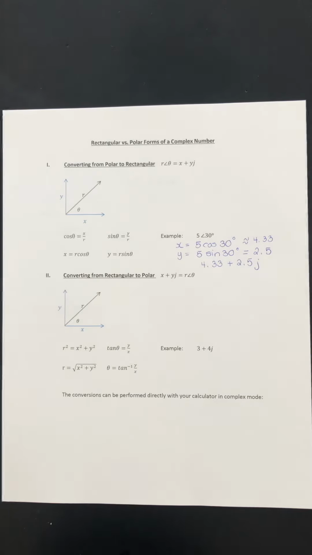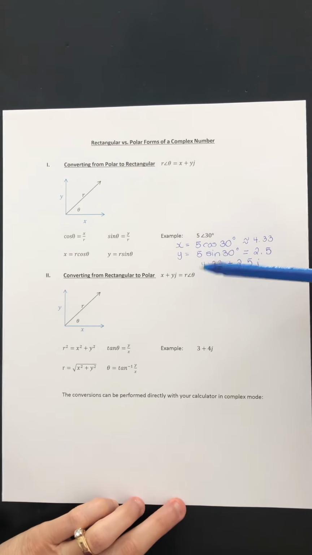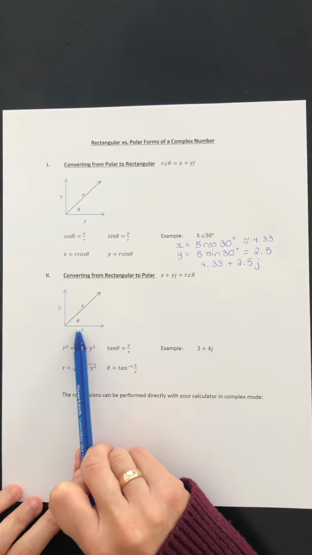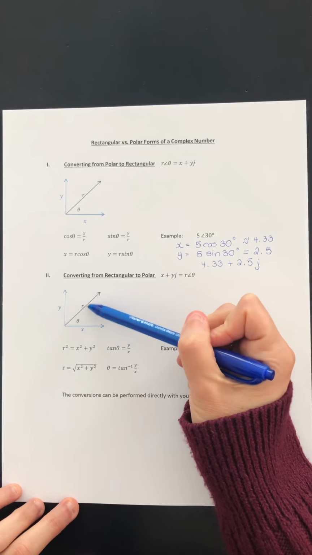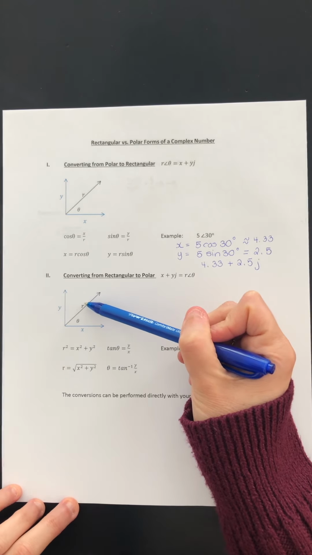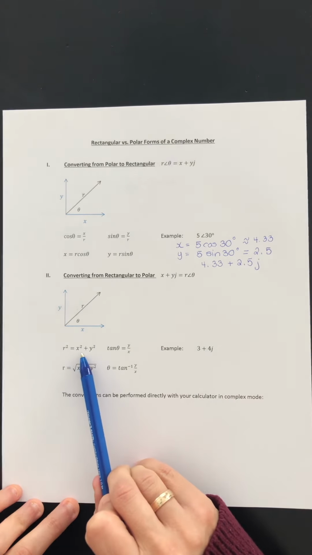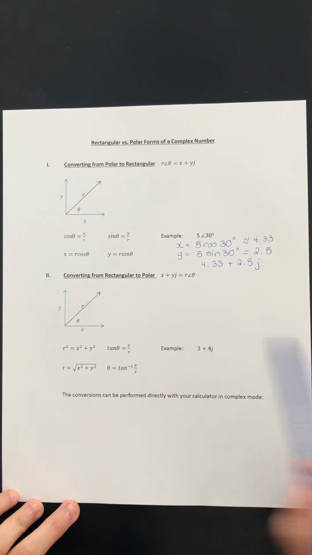So that's a quick example of how you can convert from polar to rectangular form. Okay, and so similarly then, if we started with rectangular form, it means we would know the lengths of the horizontal and vertical components. So then how would you find the length r? Well, it is the hypotenuse. So it is true that r squared would be x squared plus y squared, and so r would be the square root of x squared plus y squared.